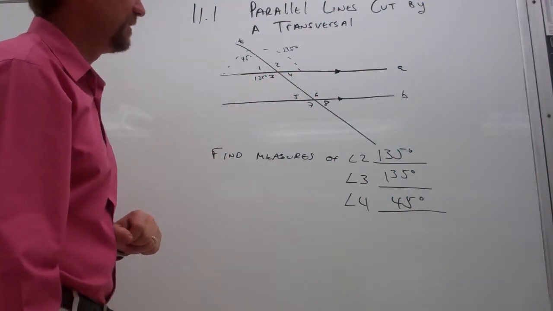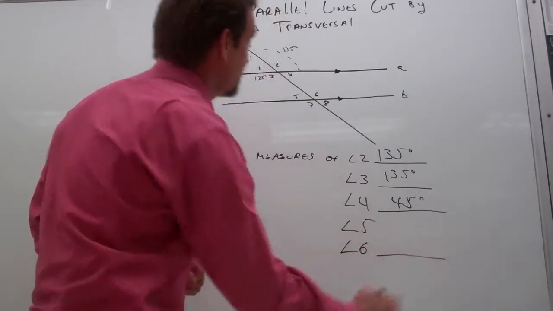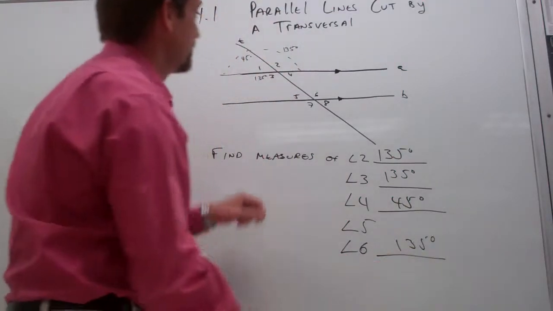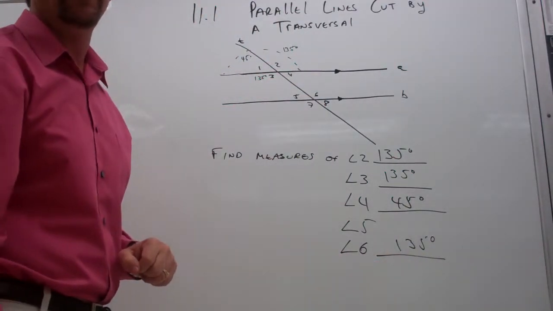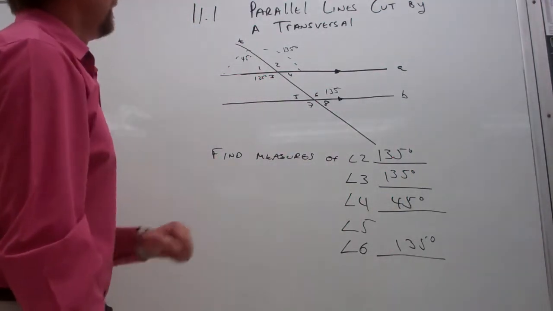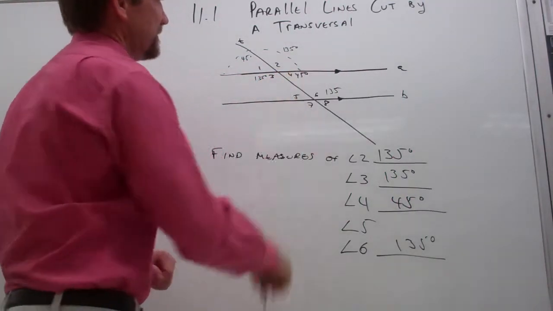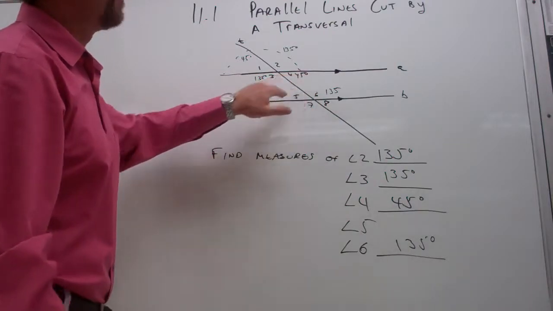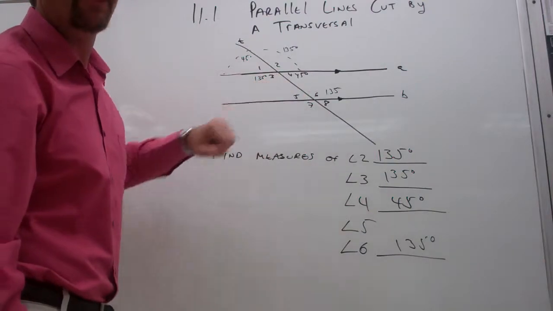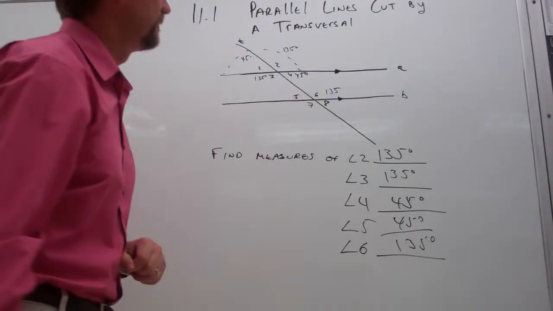And since alternate interior angles are congruent, angle 6 must also be 135 degrees. And since angle 4 is 45 degrees, same thing as 3 and 6, 4 and 5 are also what kind of angles? Alternate interior angles. So angle 5 must also be 45 degrees.